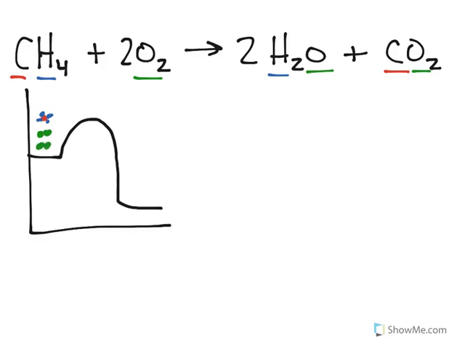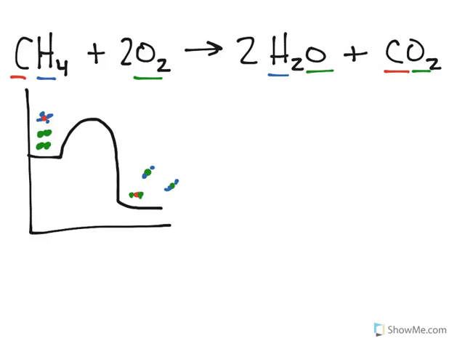At the end of this reaction, we're going to have a water, which will look something like this. Actually, we'll have two waters. Pretend those are together. And then we'll have a carbon dioxide, which will look something like that.